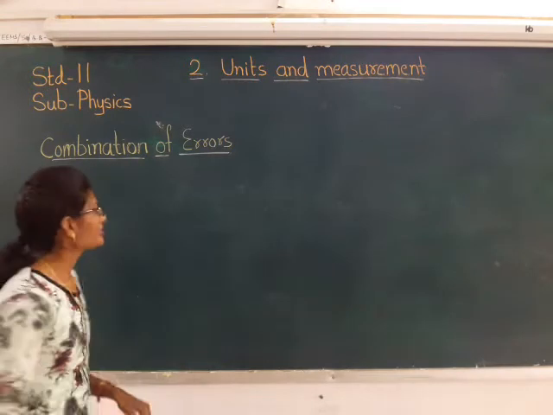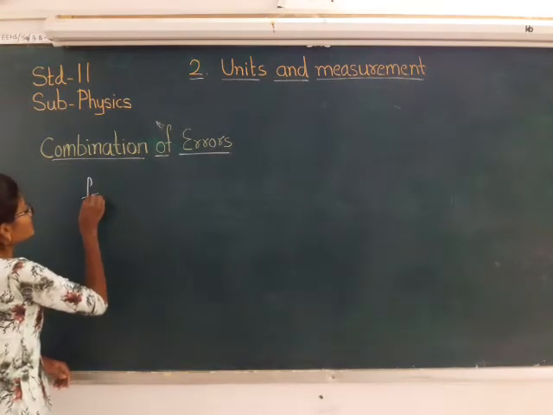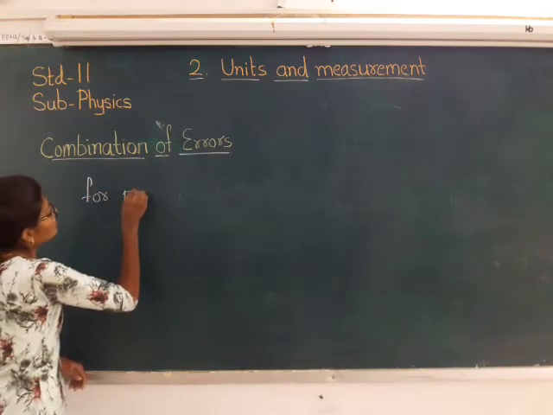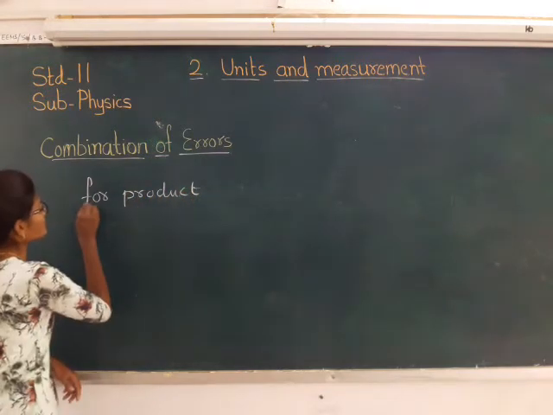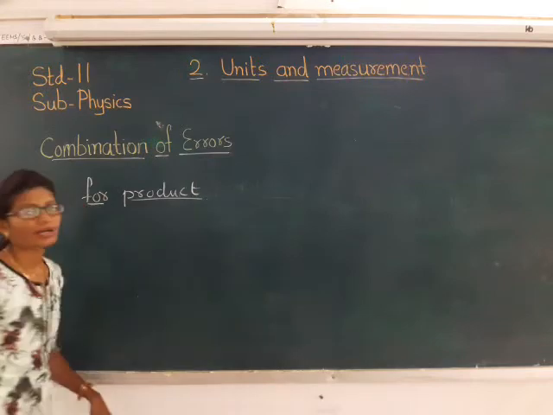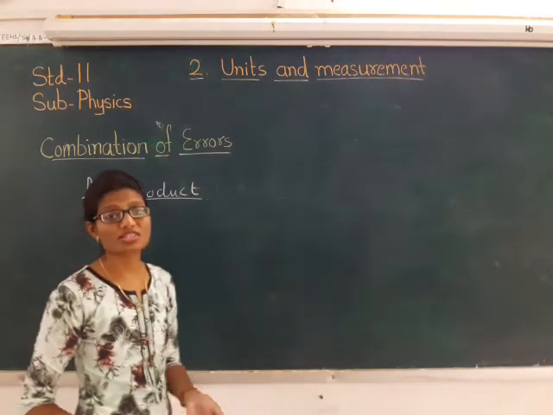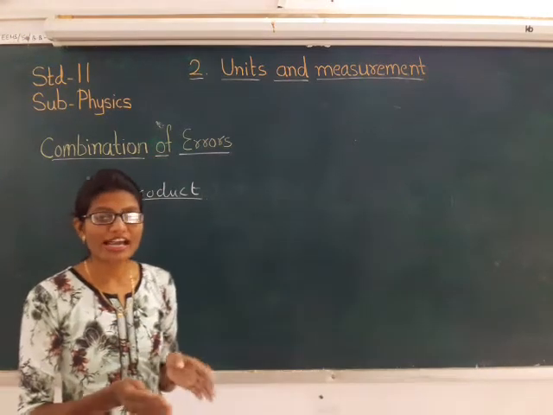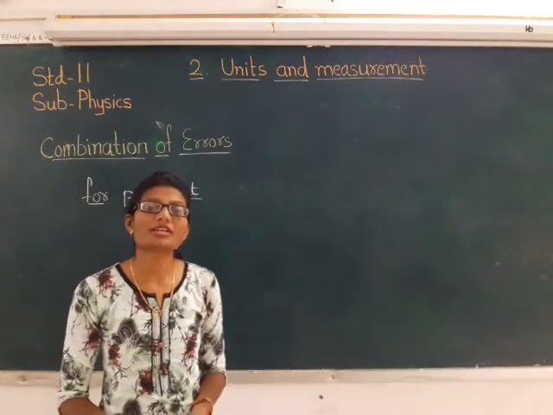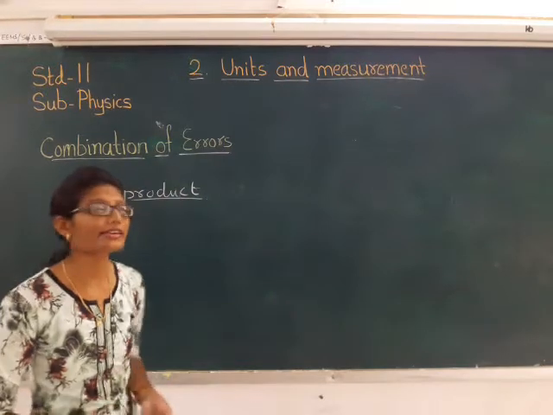Now another mathematical operation for the errors, that is for product, that is for multiplication. Again now see, let us consider two physical quantities that are to be multiplied, and if we have error in those two physical quantities, we will get error in the result, right?